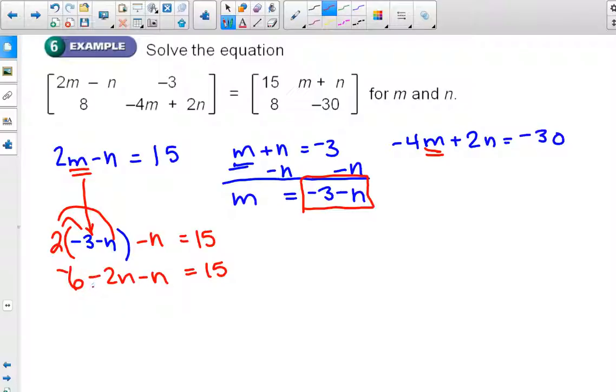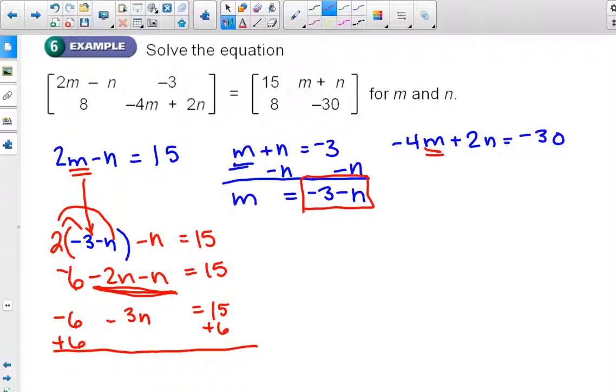Okay, so now we need to distribute that 2, which gives you negative 6 minus 2n minus n equals 15. We need to combine like terms on the left. Negative 2n minus n is negative 3n. We need to add 6 to both sides. So that cancels out, and we have negative 3n equals 21.